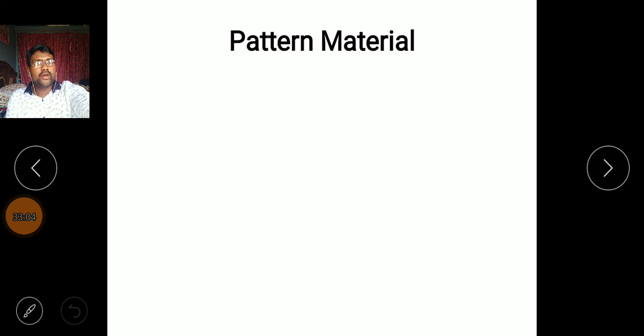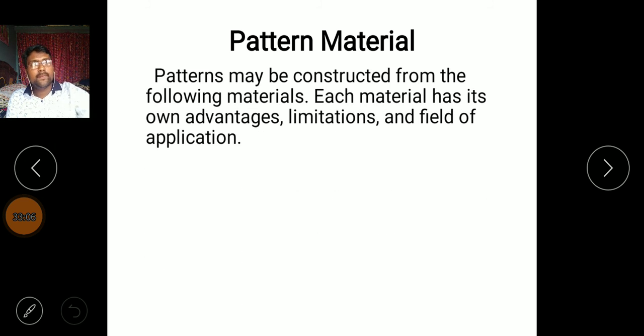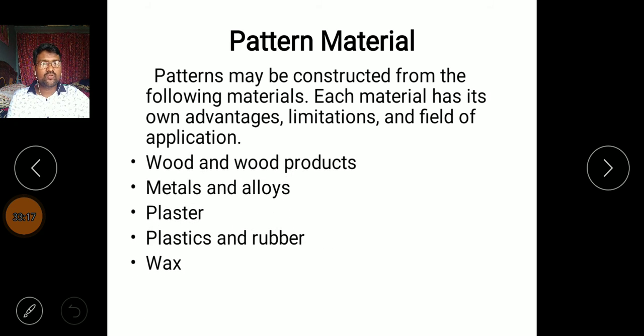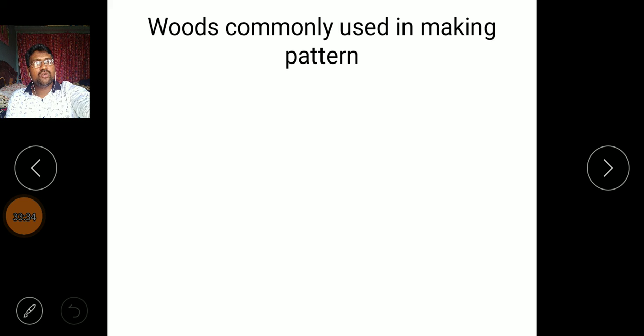Next, coming to pattern material. A pattern may be constructed from the following materials. Each material has its own advantages and limitations in the field of applications. These are the different types of materials used in the preparation of patterns: wood and wood products, metals and alloys, plasters, plastics and rubber, and wax. Wood is commonly used for making patterns.